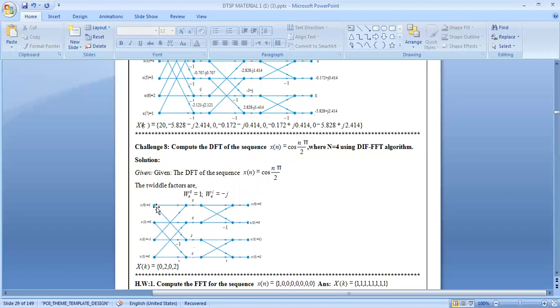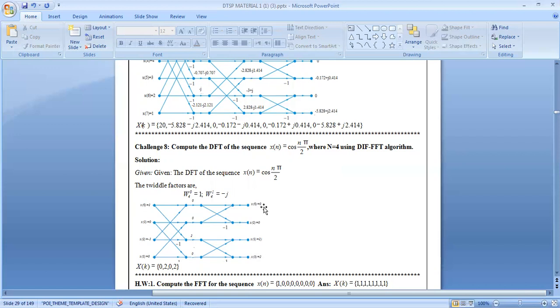So you perform addition: 1 plus minus 1 is 0, 1 minus minus 1 is 2. Then 0 plus 0 will be 0, 0 minus 0 will be 0. Now you compute the 2-point sequence: 0 plus 0 will be 0, 0 minus 0 will be 0, 2 plus 0 will be 2, and 2 minus 0 will be 2.